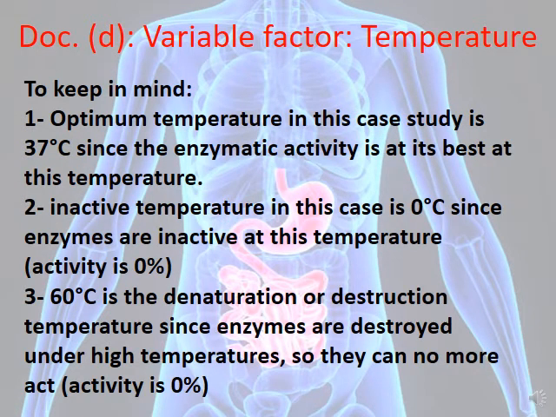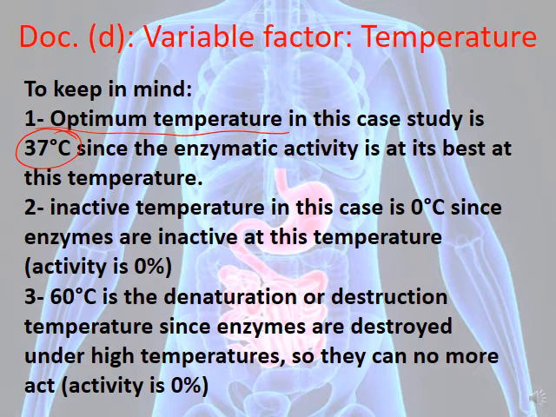So to keep in mind, the optimum temperature is 37. Why? Because the enzymatic activity is at its best at this temperature. The inactive temperature in this case is 0, since the enzymes are inactive at this temperature.